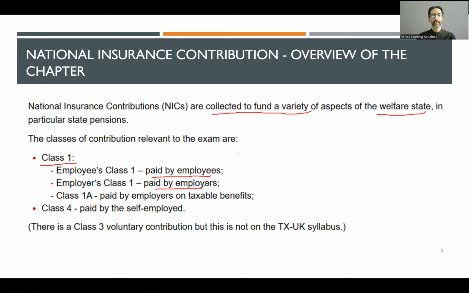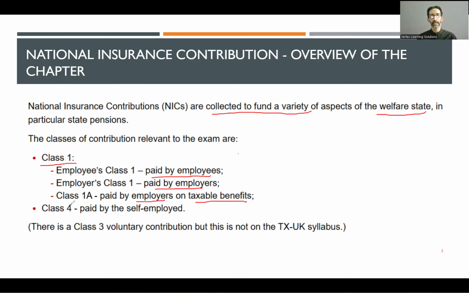And then there is this class 1 NIC, which is also paid by employers, on the taxable benefits that they provide to their employees. For example, if they provide a car, or accommodation, or cheap loans, or other assets, on those taxable benefits the employer has to pay another class 1.